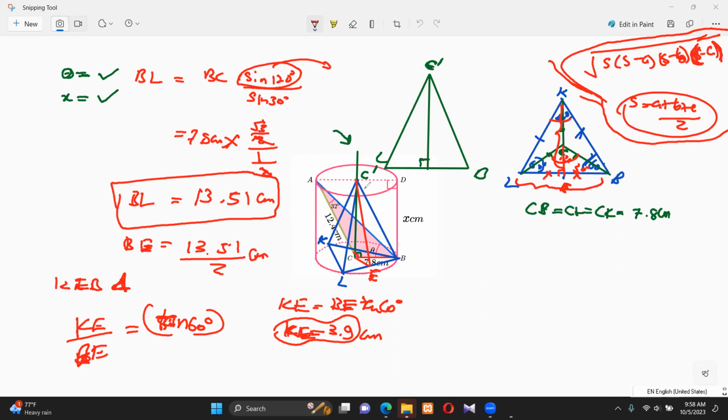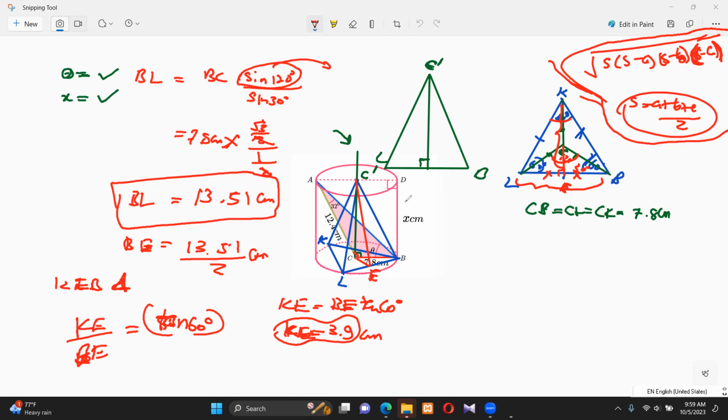Someone can say C prime B E right triangle, but we don't know C prime E or C prime B, only BE at that moment, right? So they can say C prime C P right triangle. It's a right triangle as well, lying along the vertical plane of this sheet, right?